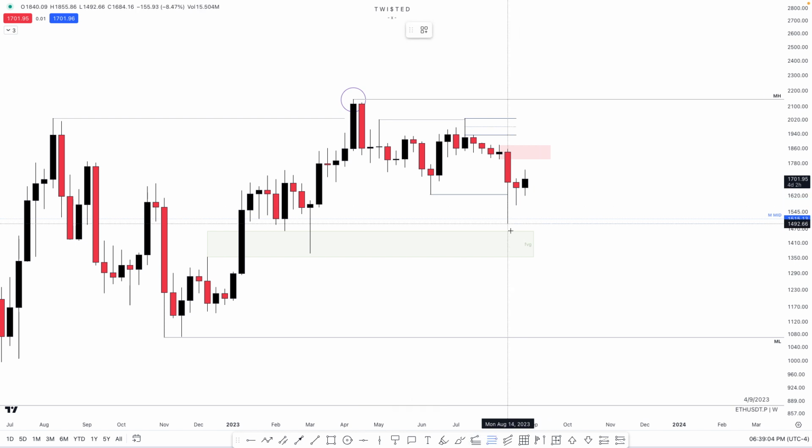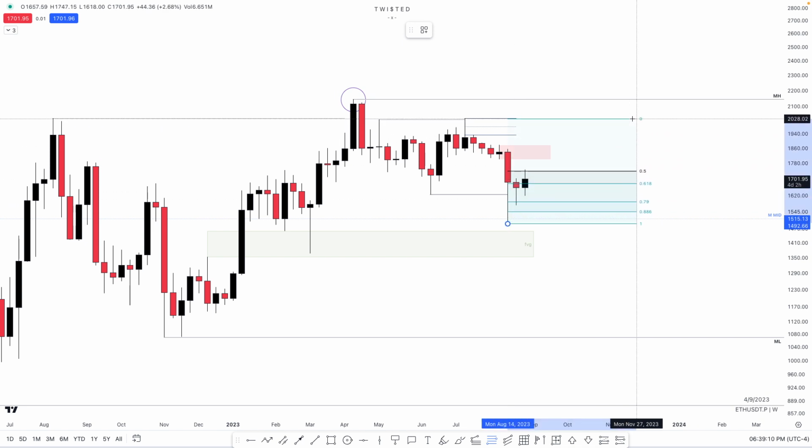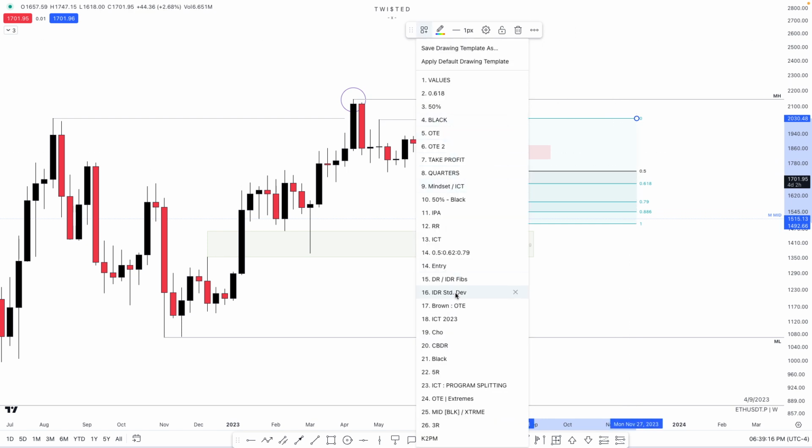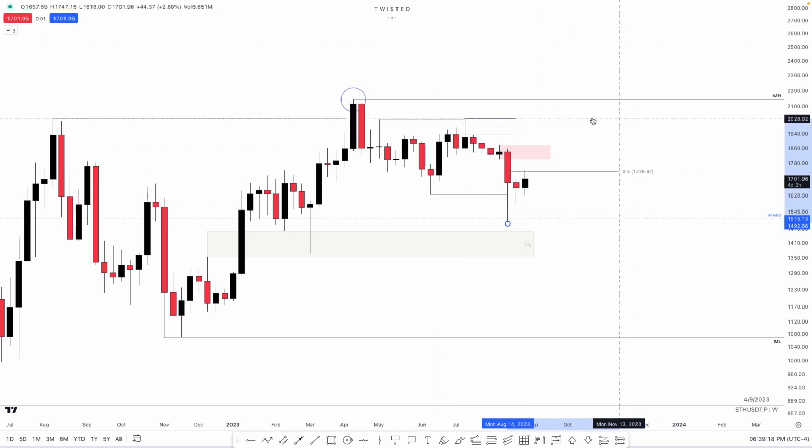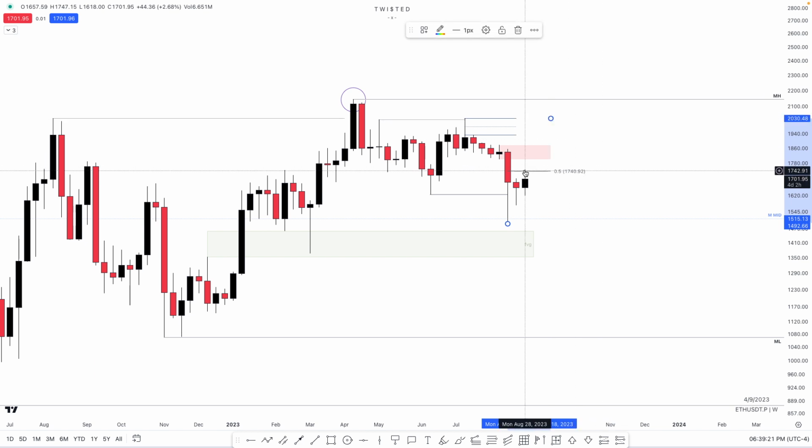Also, for an early confirmation, we do not have this low as a confirmed low at this point, but just for confidence's sake, we can mark out the 50% like so. And we do see a rejection at the 50%, so price is still holding.